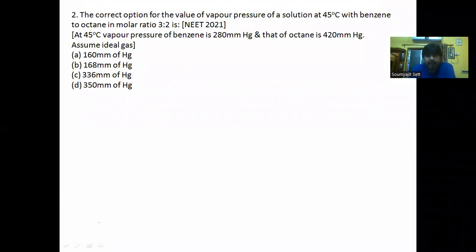Next, come to the second one. Here, the question is given the correct option for the value of vapor pressure of a solution at 45 degrees centigrade with benzene to octane in molar ratio 3:2.